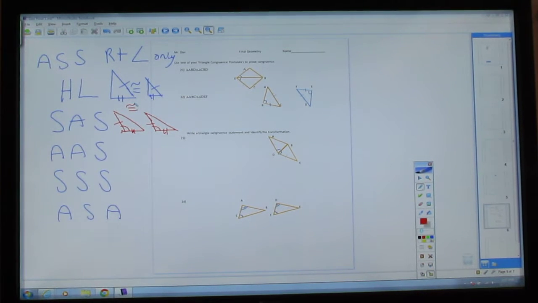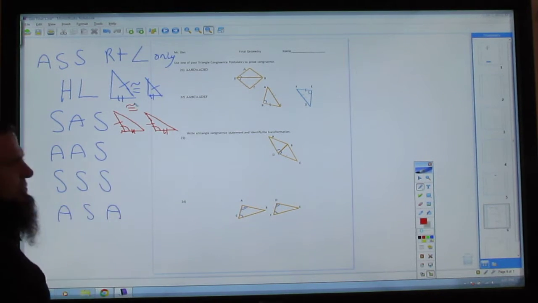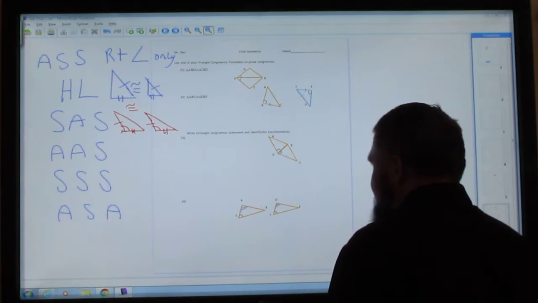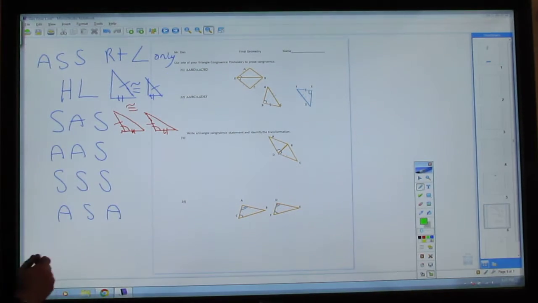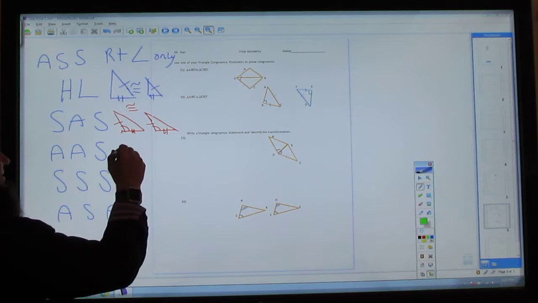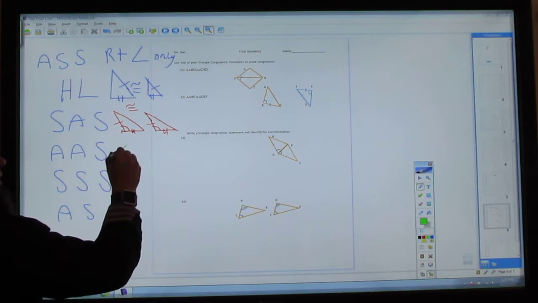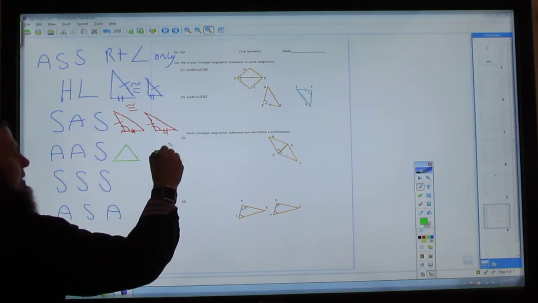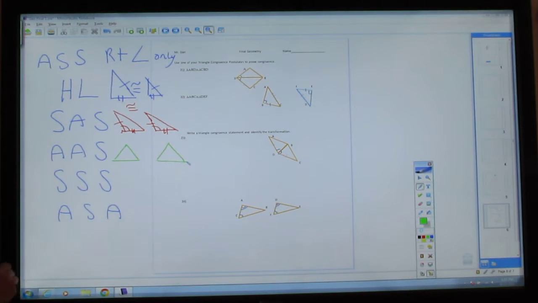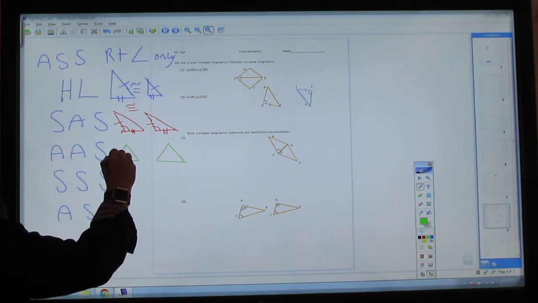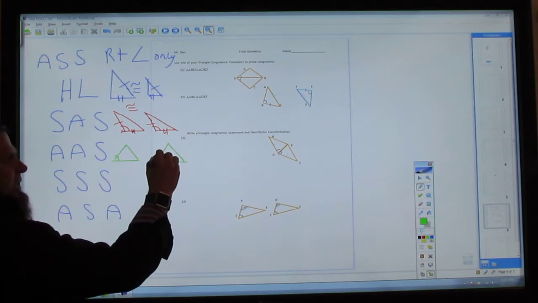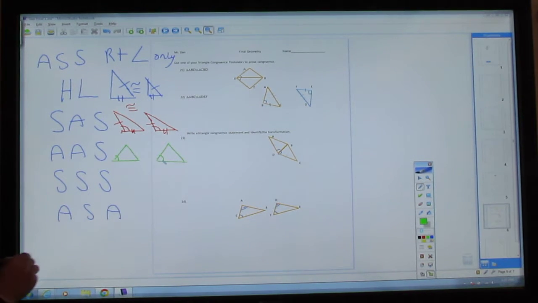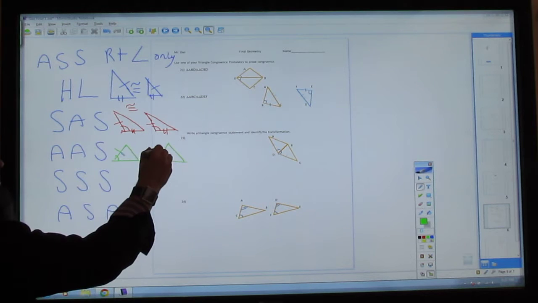Angle, angle, side. Okay? Then let's change the colors again. Dang, you learn so much if you pay attention. It's awesome, huh? With angle, angle, side, if I have an angle, and it's congruent to an angle, and then I have a side, and it's congruent to a side.